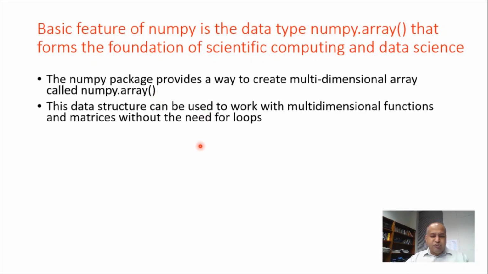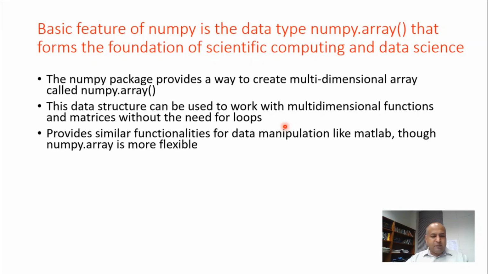This data structure can be used to work with multidimensional functions in scientific computing and matrices without the need for loops, because we can do operations on the whole array with single commands.